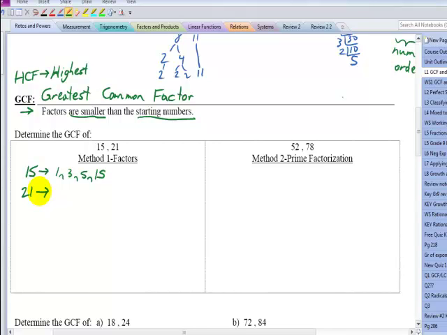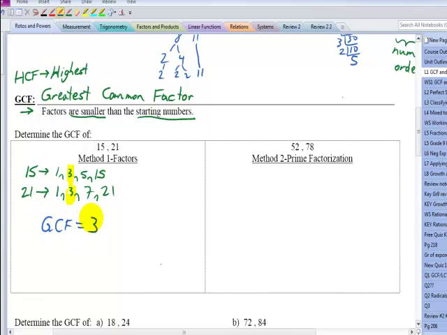You can do rough work on the side if you need to. So factors of 21: 1, 3, 7, and 21. So now you can see which one's the highest. It's the 3. So the GCF would be the 3.